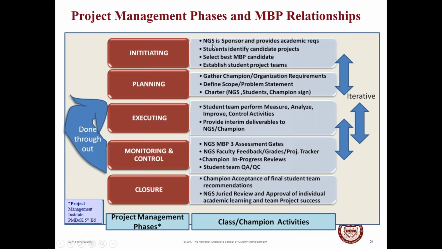You know, what are the requirements? You identified potential candidate projects, looking at which one may be the best MPB candidate, and the establishment of the teams. And I know the teams did change a little bit, I'm assuming, beyond this step, but that's okay.